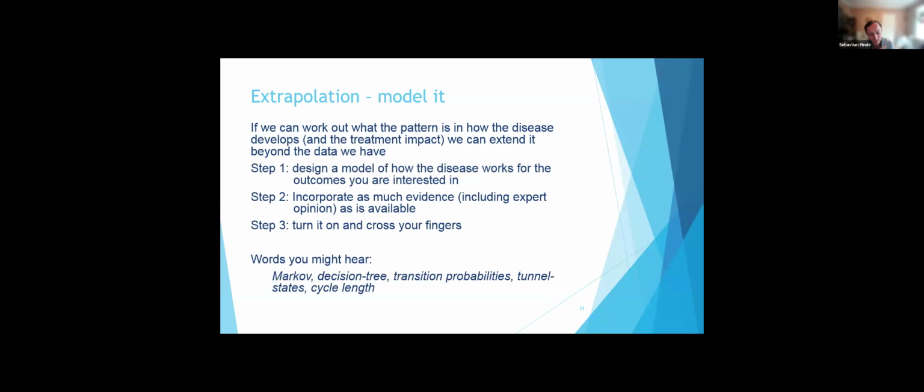You might hear terms like Markov modeling, decision modeling, transition probabilities. Again, lots of rabbit holes, lots of technical terms that we'll sidestep. This is the simplest version of models that you tend to see, but actually incredibly common in cancer analyses, where you've got this simple three-state model of whether the individual's cancer hasn't progressed yet, so they're progression-free, whether it's progressed or whether they have died.